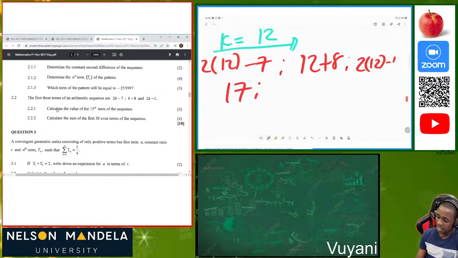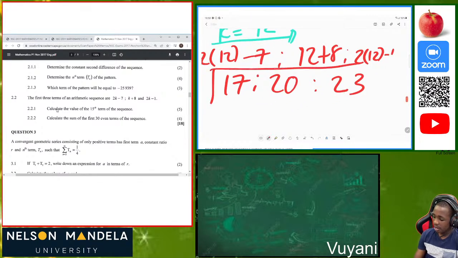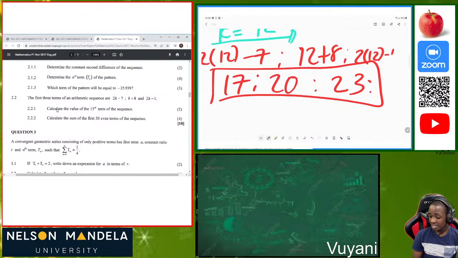Then 12 plus 8 is 20. Then 2 times 12 is 24, minus 1 is 23. So this is our sequence. We have now determined our sequence.